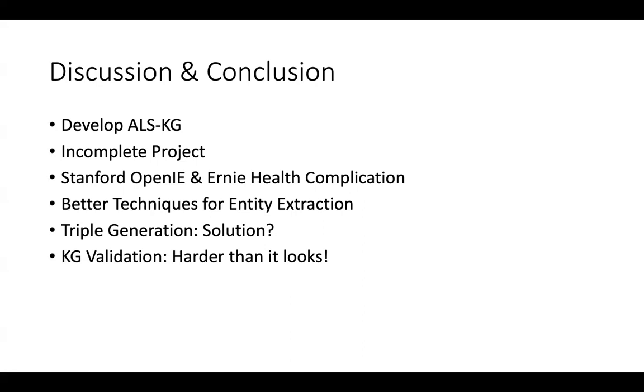Maybe we can train multiple GPTs to learn different aspects of the ALS disease and then try to somehow combine them into one model that can effectively annotate and understand ALS literature that is coming in day in, day out. And again, KG validation was harder than it looks. Unfortunately, I didn't really get around to doing more on that.